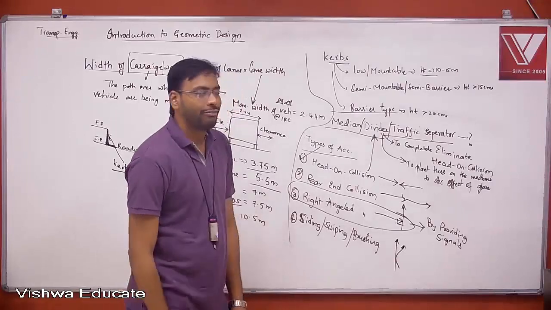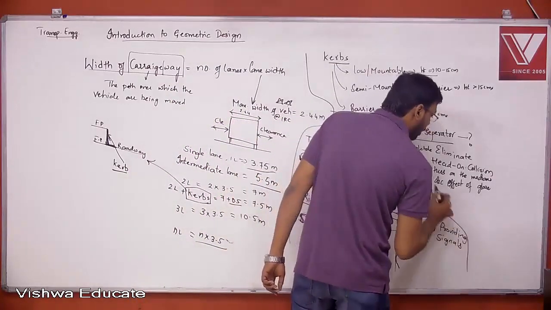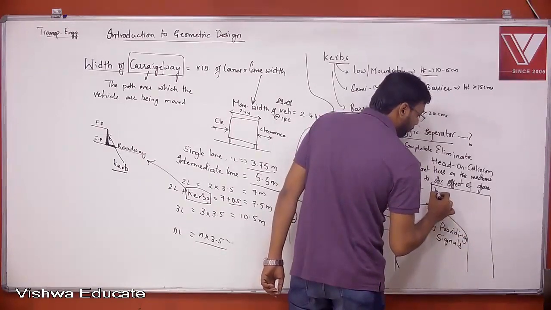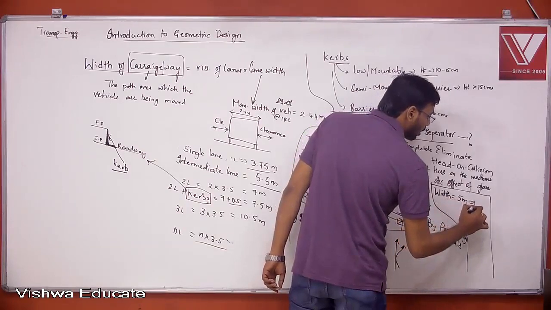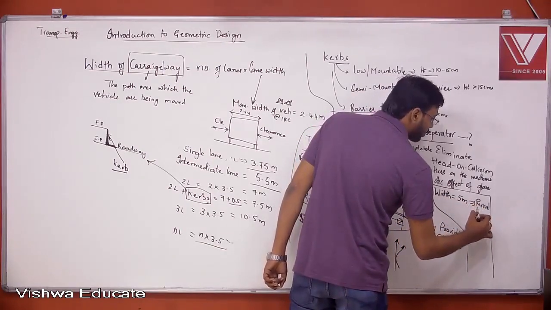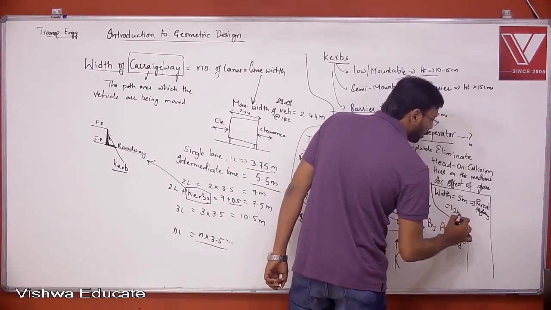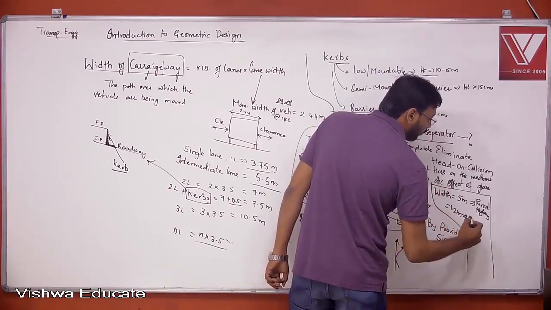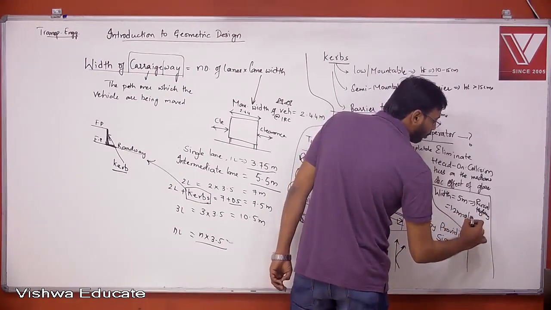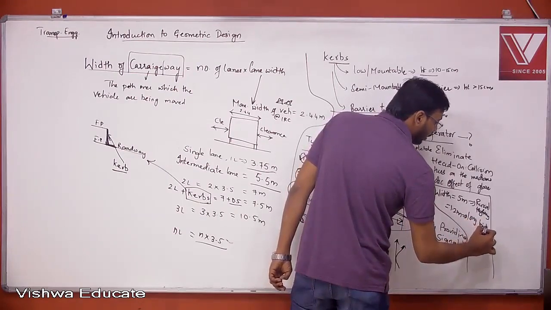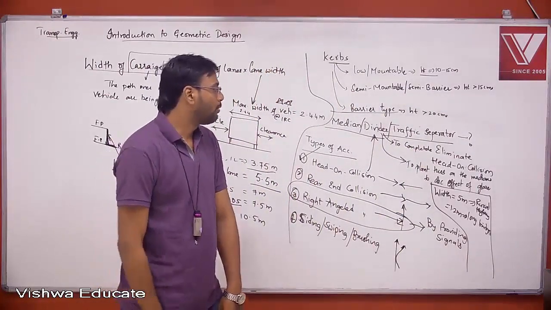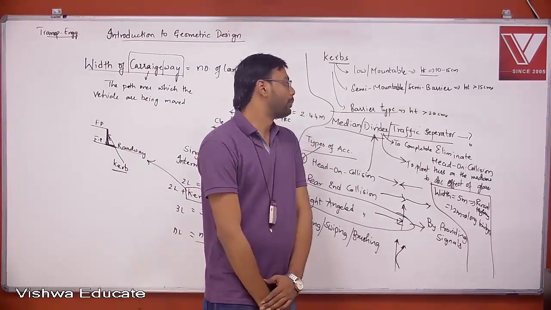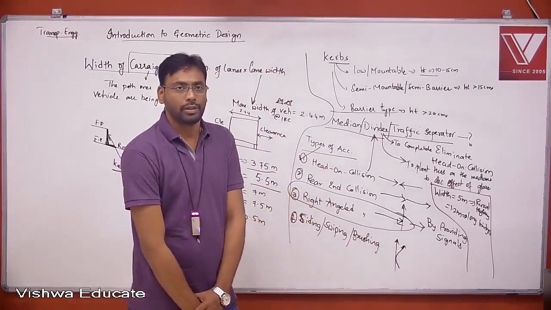Right? Now finally about the medians, how much should I provide? What should be the width of the median? The width of the median should be 5 meters in case of rural highways, and you can limit it to 1.2 meters in case of long bridges and urban areas. So those are the minimum values of widths for median as per IRC, right?